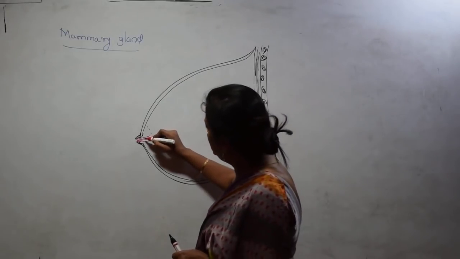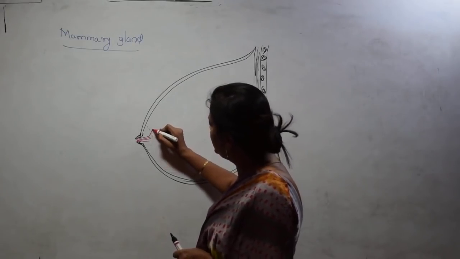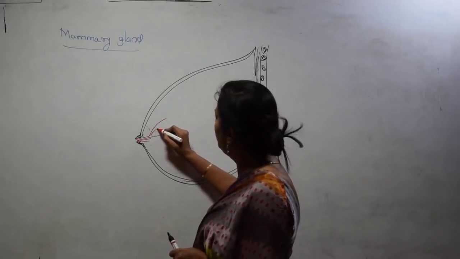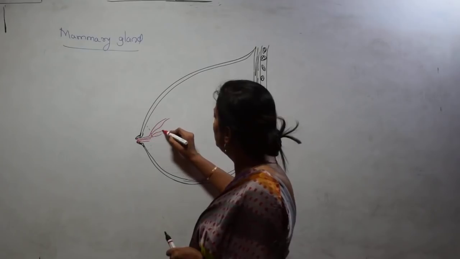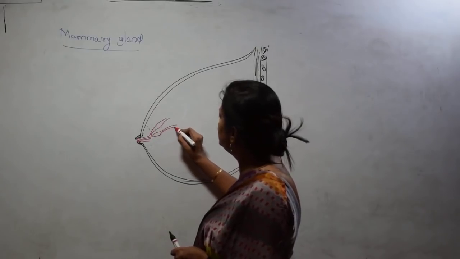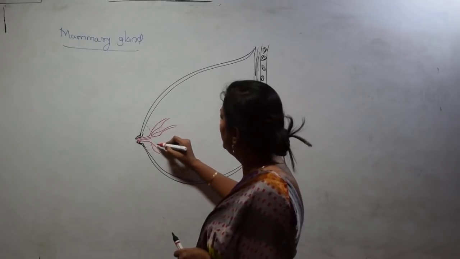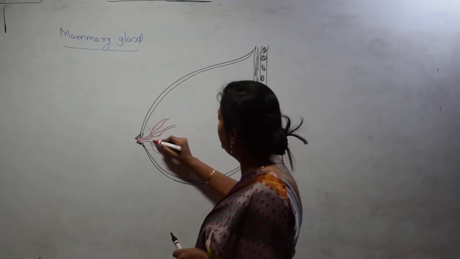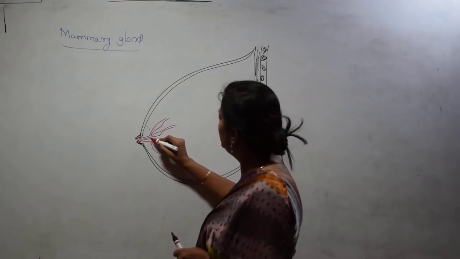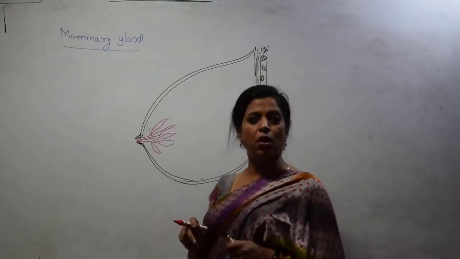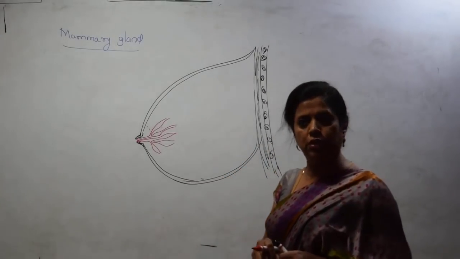Then this is the lactiferous duct. Further it will branch into a number of lactiferous ampullae, where the milk will be deposited. Like this milk will be deposited. These are called lactiferous ampullae.